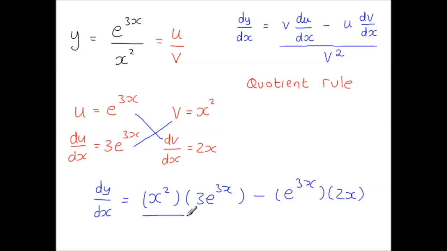And remember, the whole thing is divided by v squared, and v was x squared, so v squared will be x to the power of 4.